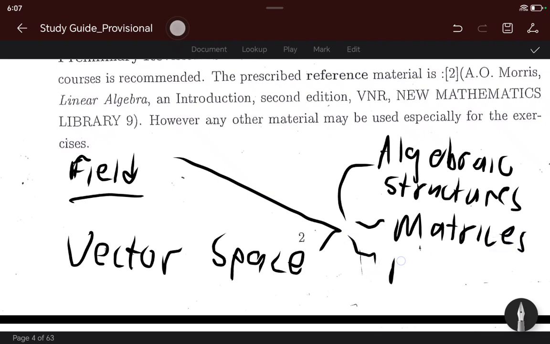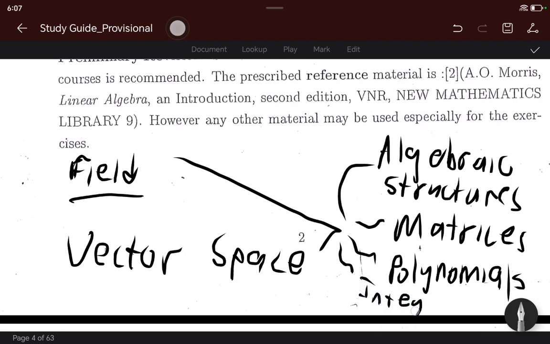Thirdly, we know of the polynomials, those equations of x squared plus x plus 1 and so on. And also, we can think of the integrals, we can think of derivatives, and so on.